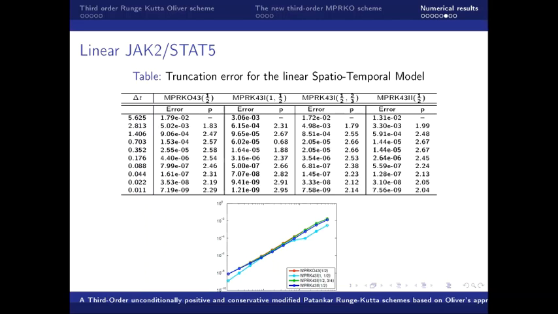However, in the linear test, the first scheme does not reach third order, but the second scheme is third order.